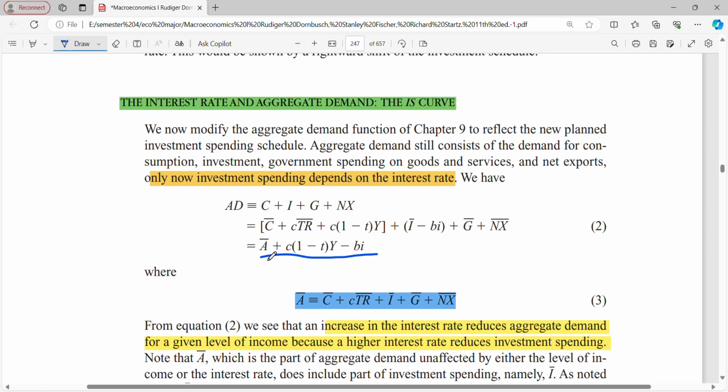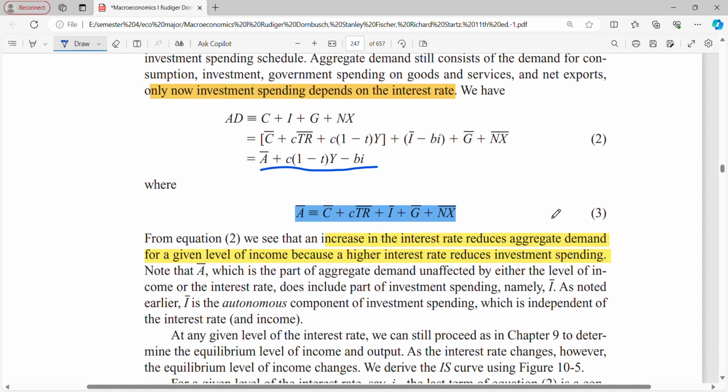So in this chapter, AD will be A bar plus c(1 minus t) multiplied by Y minus bi. This is the aggregate demand in this chapter, equation number 2. From this equation, it is clear that an increase in the interest rate reduces aggregate demand for a given level of income, because a higher interest rate reduces investment spending.